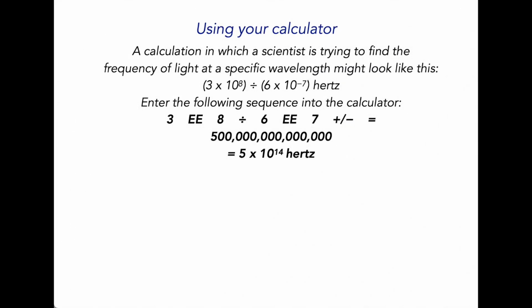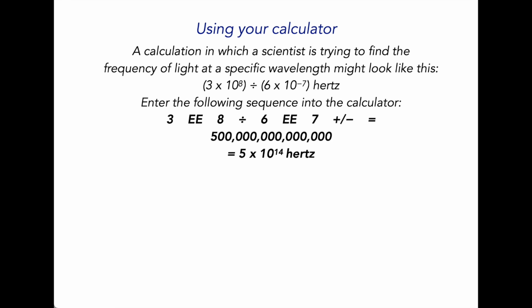Now let's look at a couple of questions which might occur in real life. Let's say a scientist is trying to find the frequency of light which has a specific wavelength, and his calculation might look like this: 3 times 10 to the power of 8 divided by 6 times 10 to the power of negative 7, and the units are hertz, which is equivalent to cycles per second, which is the way frequency is expressed scientifically.